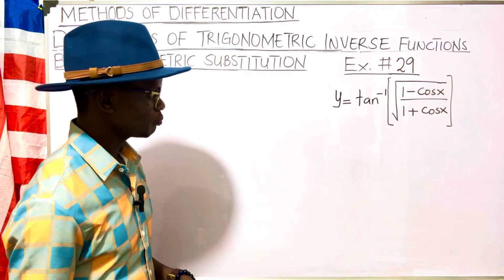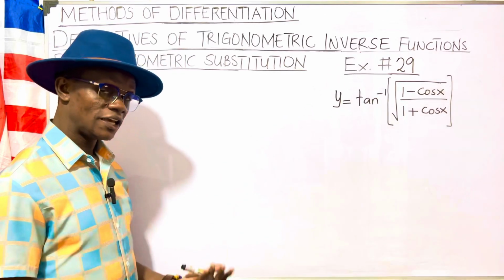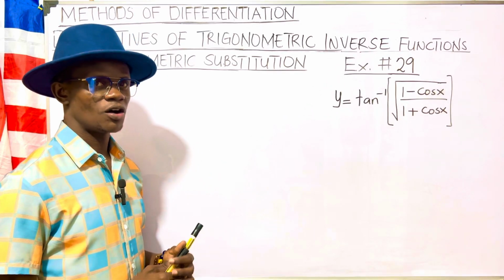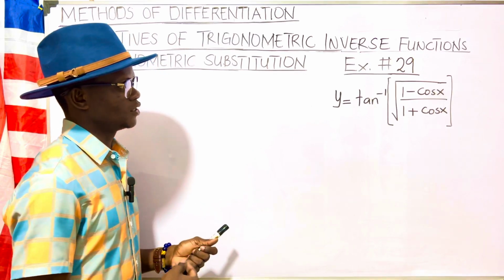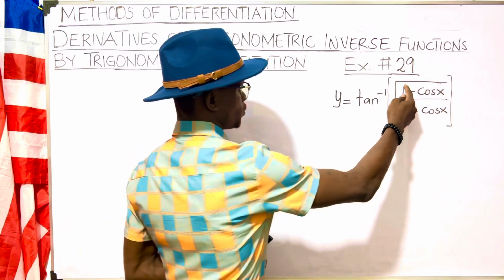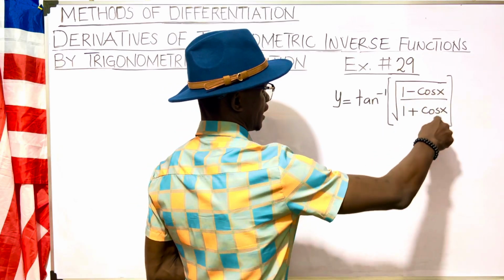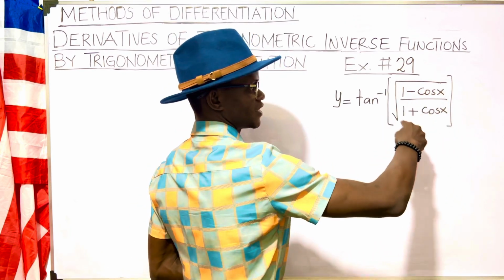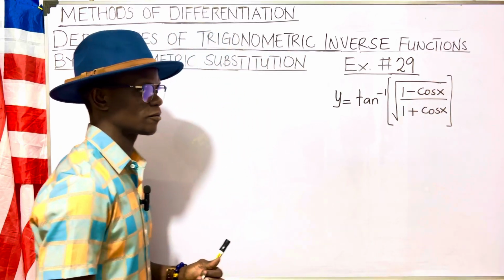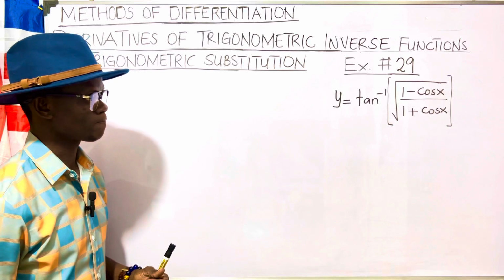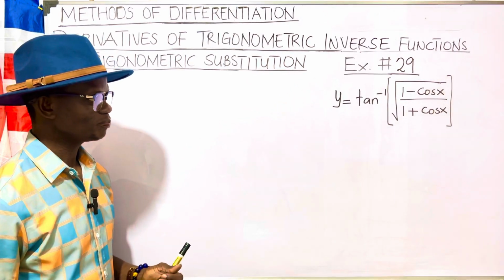So now, again, the emphasis has to do with understanding the trigonometric identities. We need to think of trig identities that can make this expression just equal to the tangent of some angle.